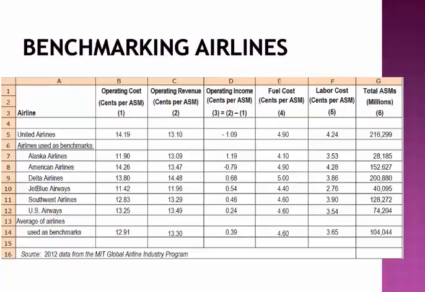Our highest operating revenue is Delta at 14.48, but our lowest in operating revenue per ASM is JetBlue at 11.96, and United Airlines is just a touch below the average of 13.3.